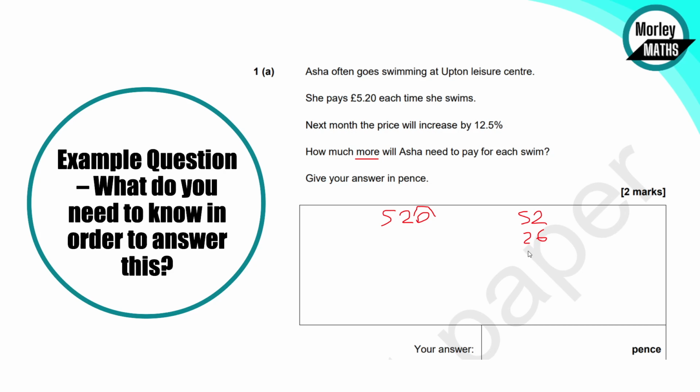And halve it again to get our 2.5%, which will be 13p. So we can add the 52 and the 13 together. So 52 and 13 gives us 65p. And that's your answer to that question. So well done if you got that one right.